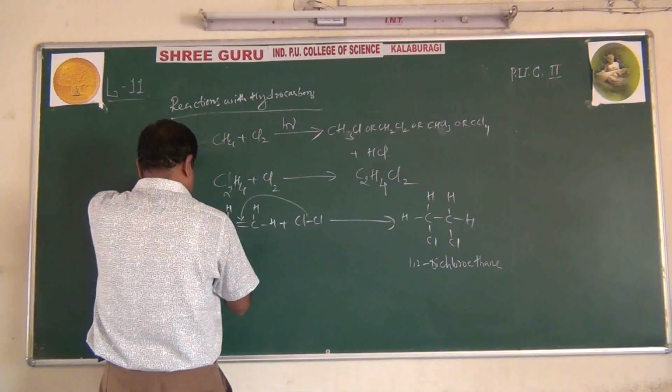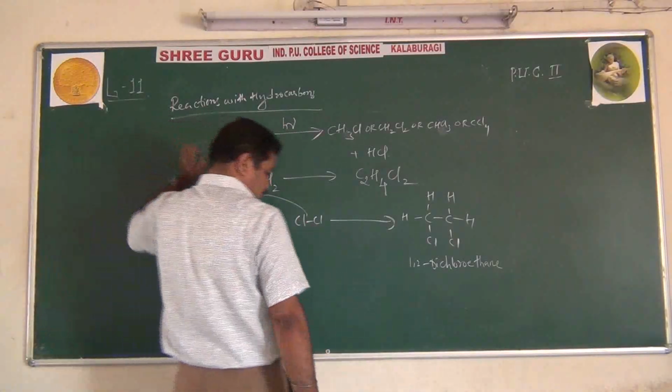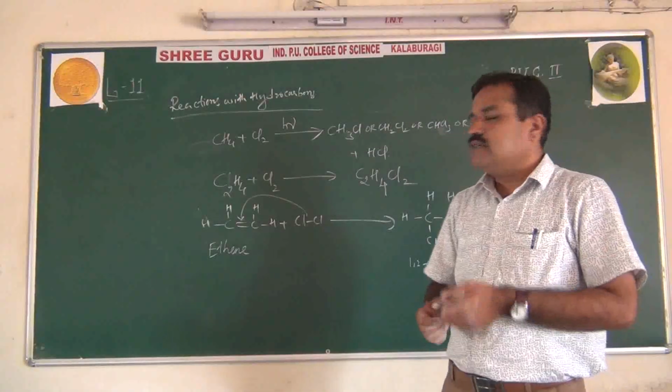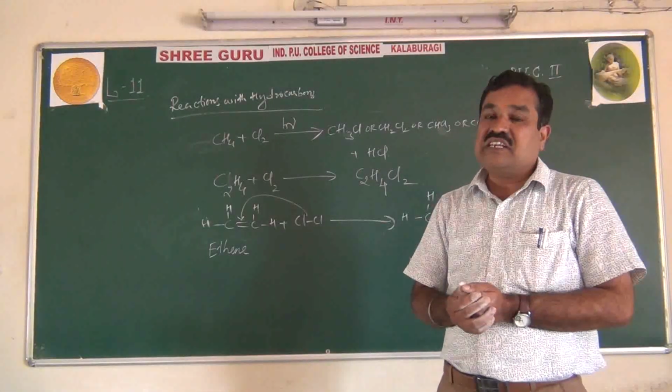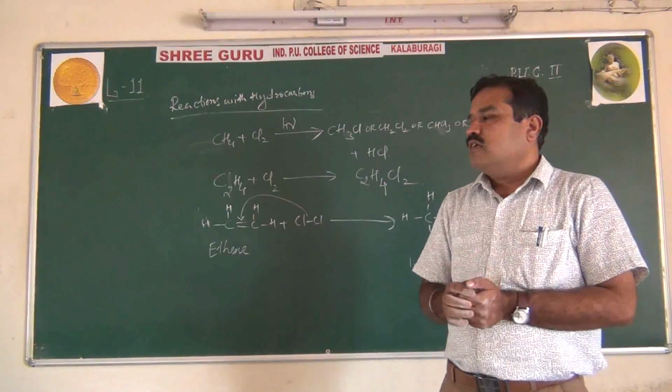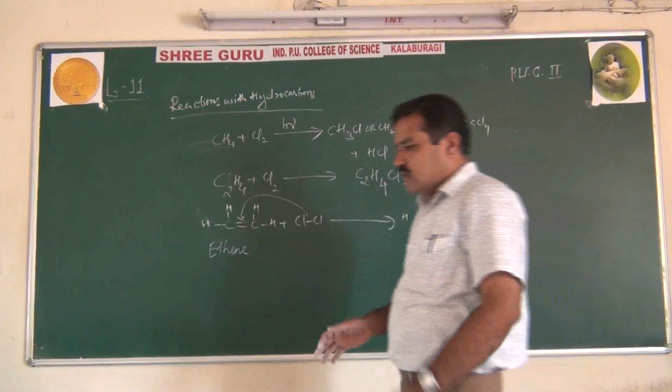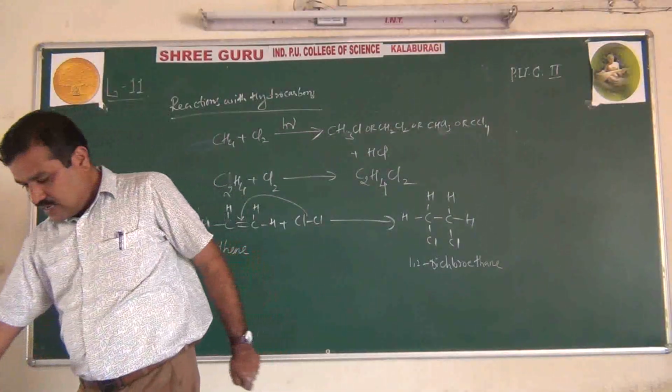Like this, it reacts with hydrocarbons. With alkanes it undergoes substitution. With alkenes and alkynes it undergoes addition across the double bond and forms the respective substituted products.